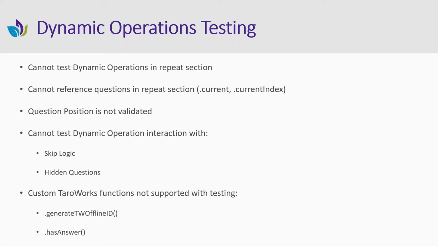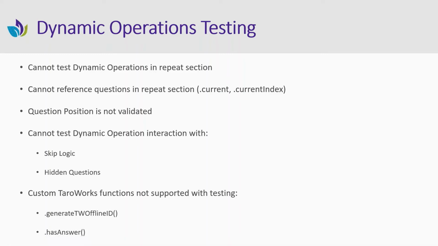Something else to look out for is that dynamic operations with skip logic, and dynamic operations with hidden questions, are not included in the feature as of now. And there are some custom Taroworks JavaScript functions for dynamic operations that are not supported: the generate TW offline ID and the has answer function.